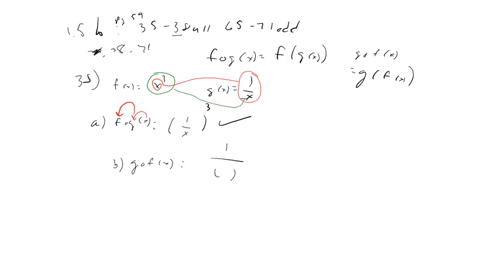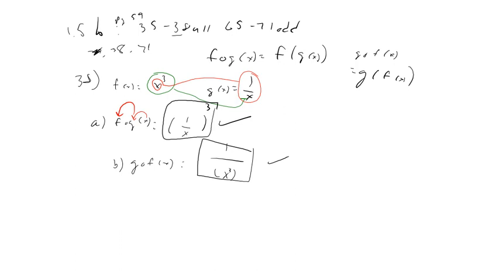So it's going to be 1 over blank. That blank is going to be my f, x cubed, like this. And that's my answer. 1 over x cubed.